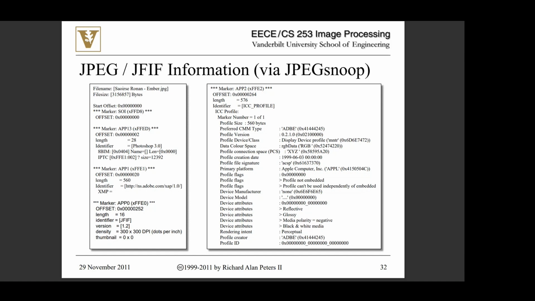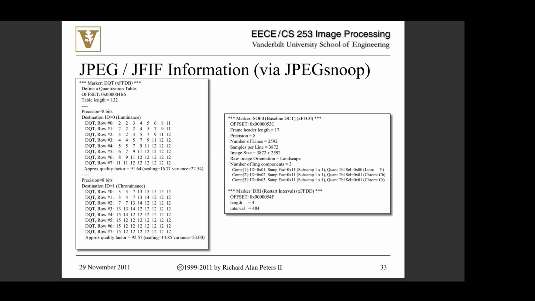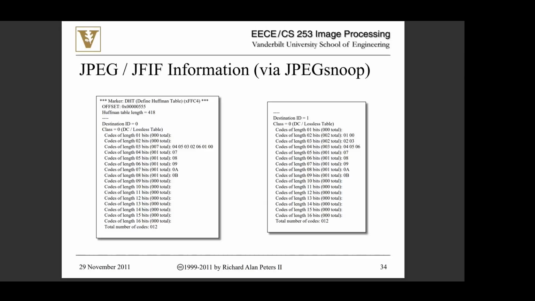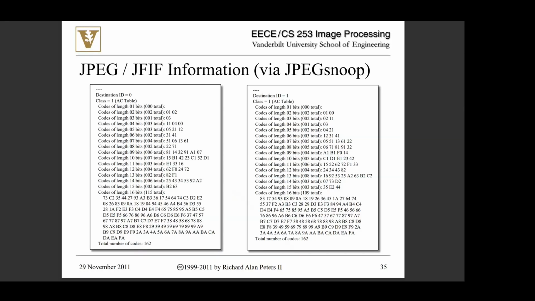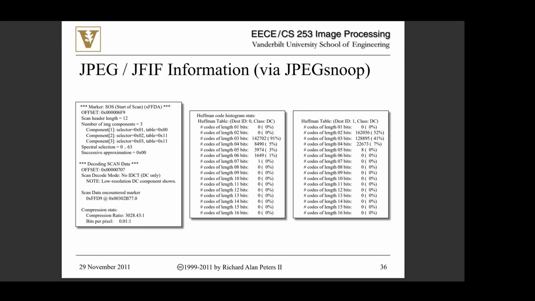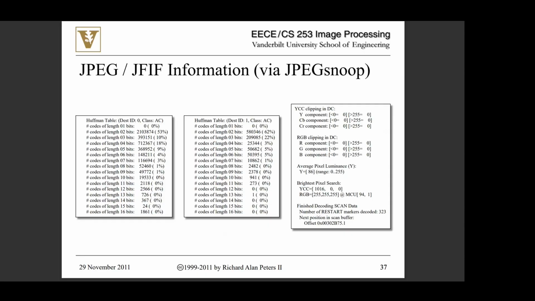And at some point, you will get to the data. Here you have the quantization tables, for instance, and here you see the Huffman tables. You also see the start of a scan, and the start of a scan is the data itself.